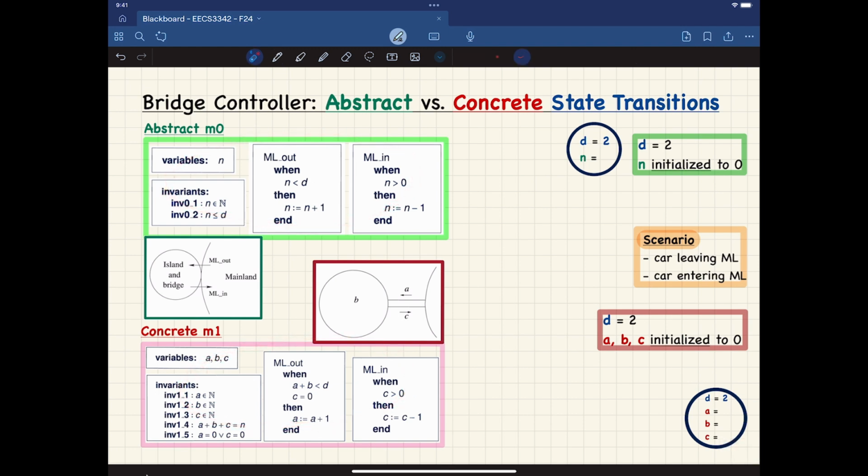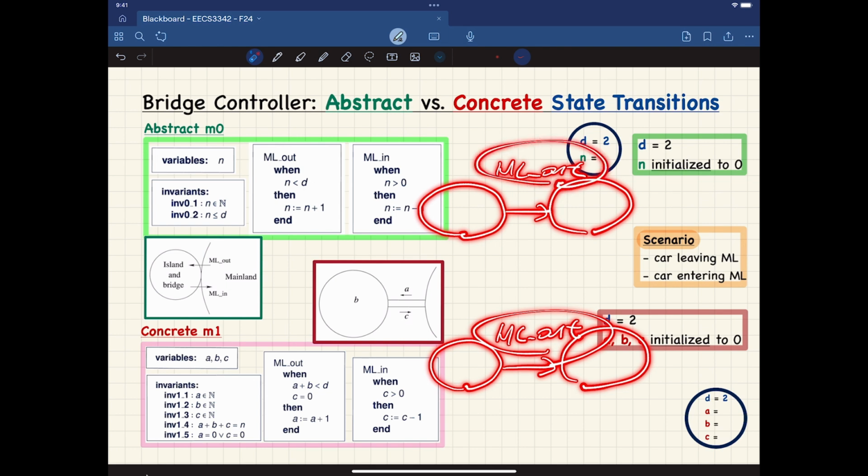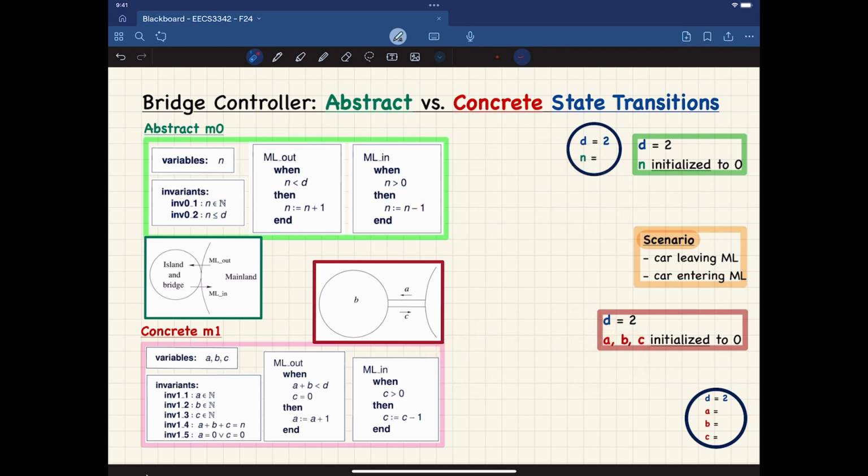What you really want to be convinced is whenever you're doing some concrete transition, for example ML out, whenever you want to go from some concrete pre-state into post-state using ML out, there will be some corresponding abstract pre-state into some abstract post-state where it's also linked by ML out. But this ML out is concrete. This ML out here is abstract. That's something I want to show to you. That's the corresponding movement you want to be convinced.